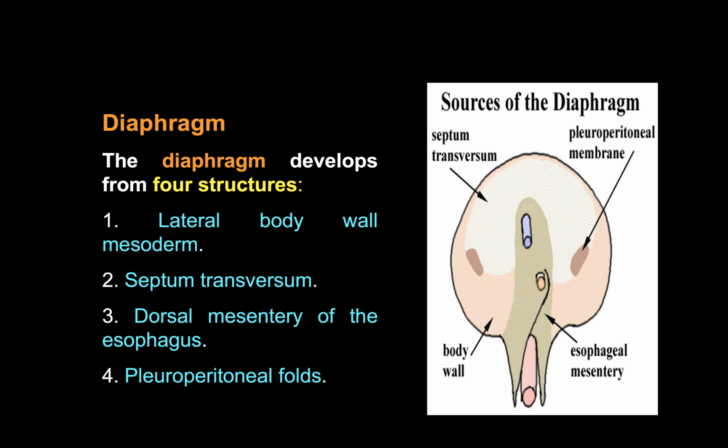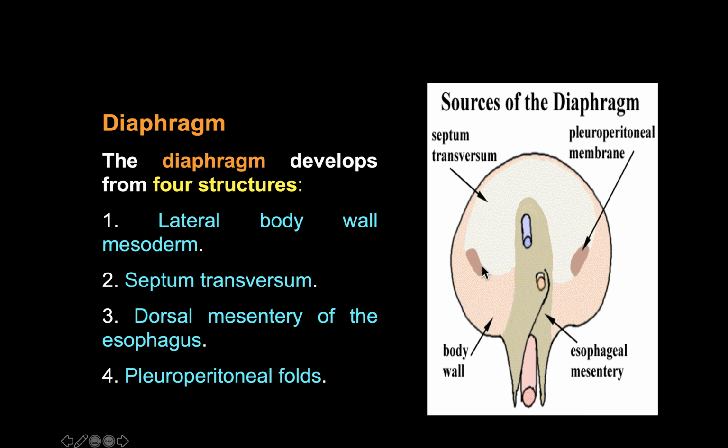This diaphragm develops from 4 structures. We have the lateral body wall mesoderm, we have the septum transversum, we have the dorsal mesentery of the esophagus, and the final one, which is the pleuroperitoneal fold. All of these structures will result in the formation of the diaphragm.